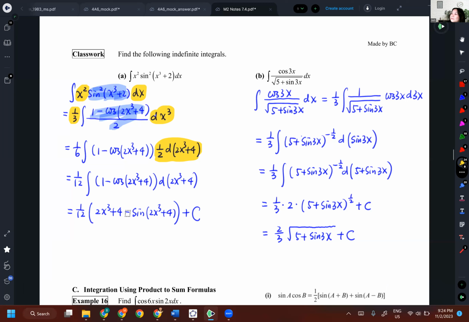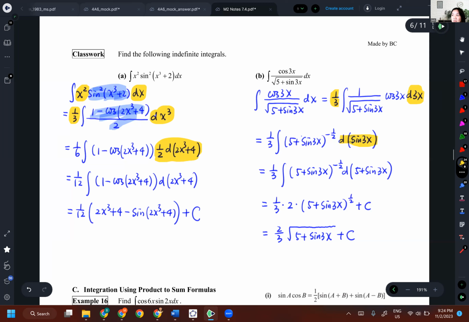Second question. In the first step, I will create the angle. Because the angle we're using now is 3x, but I now don't have 3x, that's not good. So the first thing is to create the angle. The second thing is to replace cosine u du with d sine u.